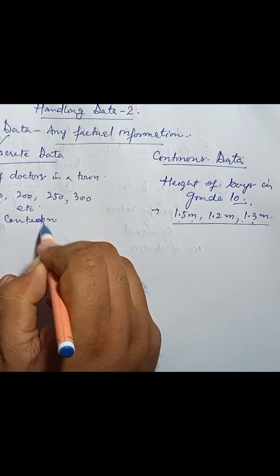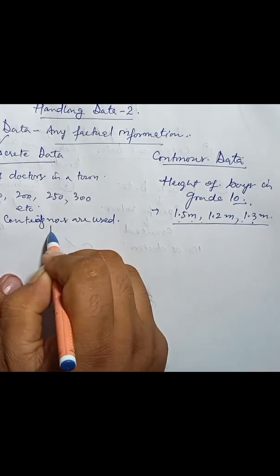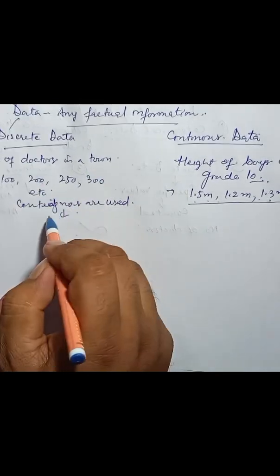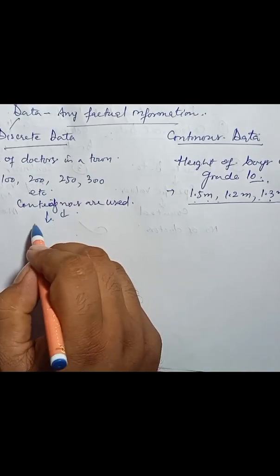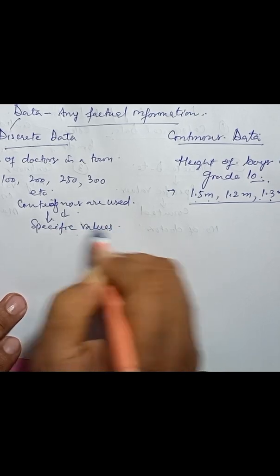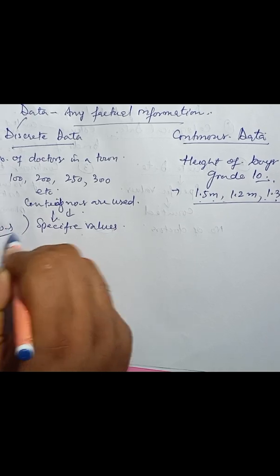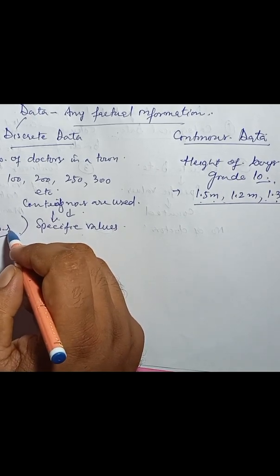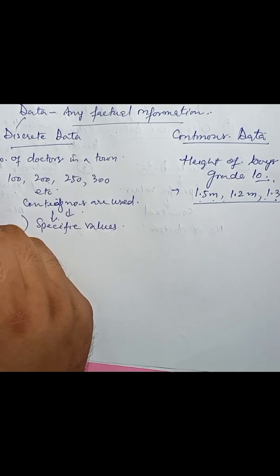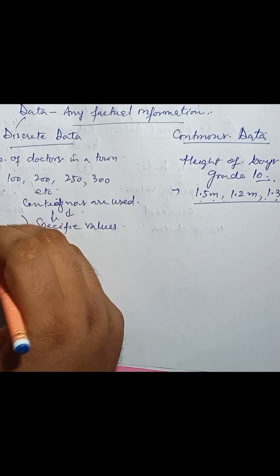Counting numbers are used. What does that mean? It means discrete data has only specific values from the group of whole numbers. You might have gone through the whole numbers, that's 0, 1, 2, 3, 4 and so on till infinity.